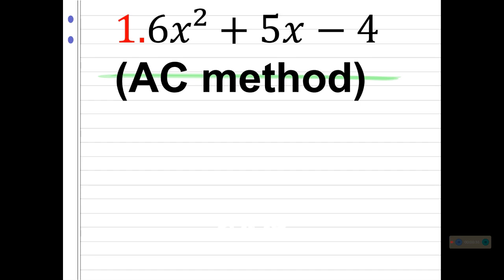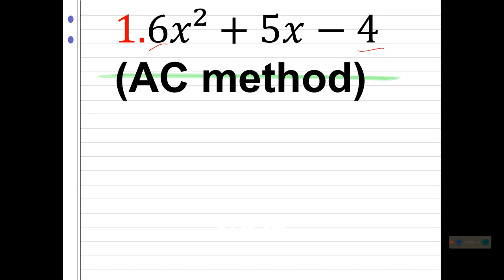It is called the AC method because you are going to use the value of a, which is 6, and the value of c, which is negative 4.